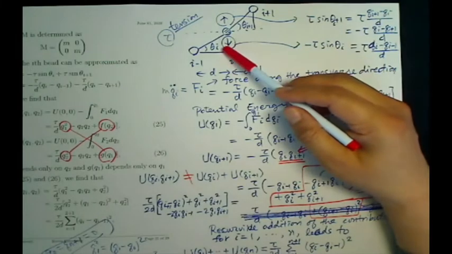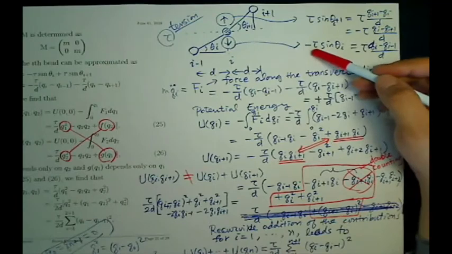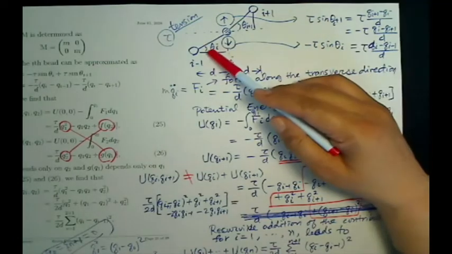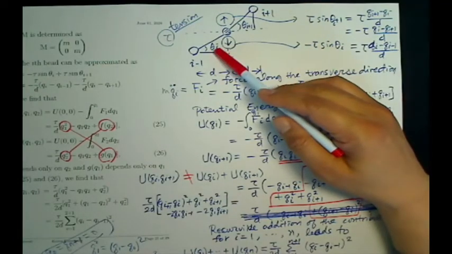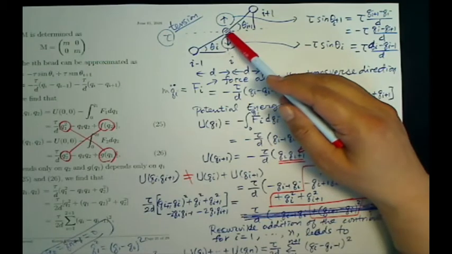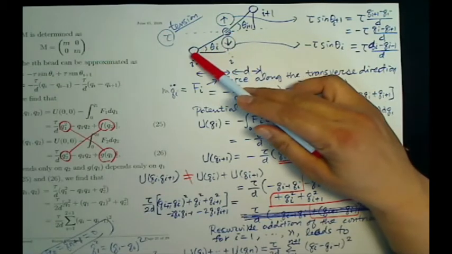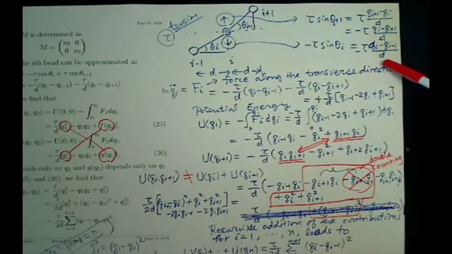The second one has the force minus tau sine theta i, and sine theta i can be computed with q i subtracted by q i minus 1 divided by the equal spacing d.